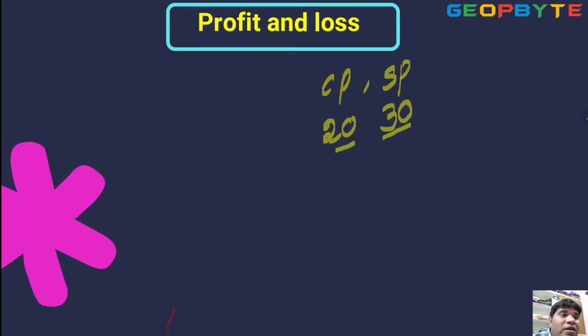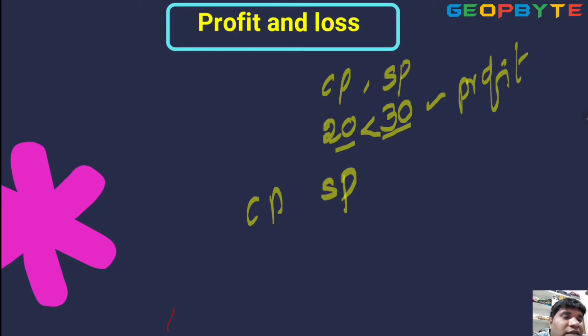That means, simple logic: cost price is less than selling price, we get profit. Suppose you purchased an item at 20 rupees but sold it at 15 rupees.